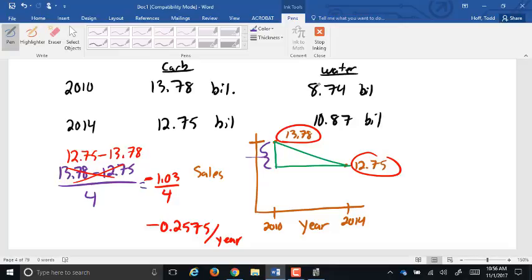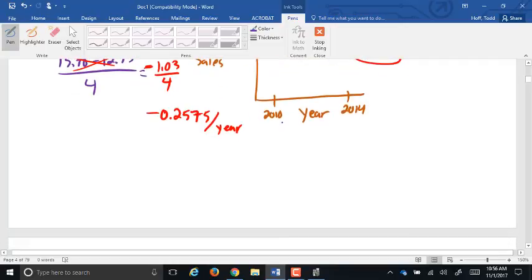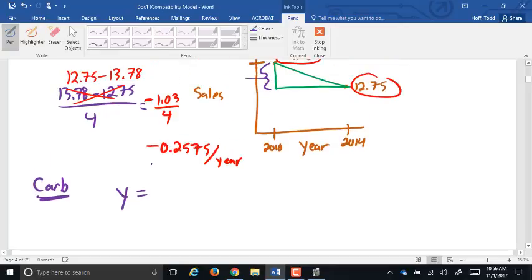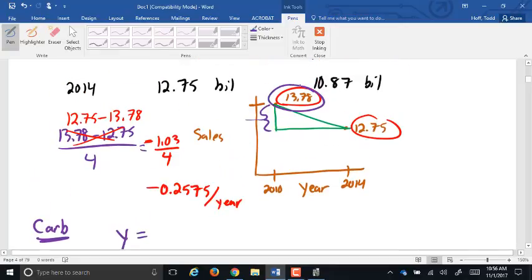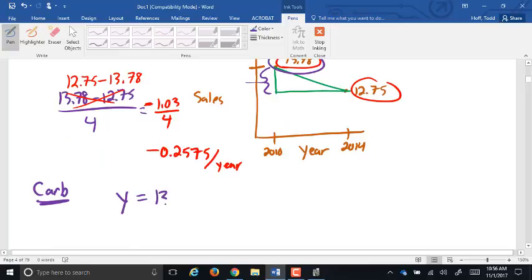Okay. Write the linear model. So we're assuming that it was a constant linear rate for the carbonated beverages. The amount, and I'm just going to use Y. What was the starting amount in 2010? The 13.78. The rate of change was minus 0.2575 times X. I might be slightly off on this calculation.